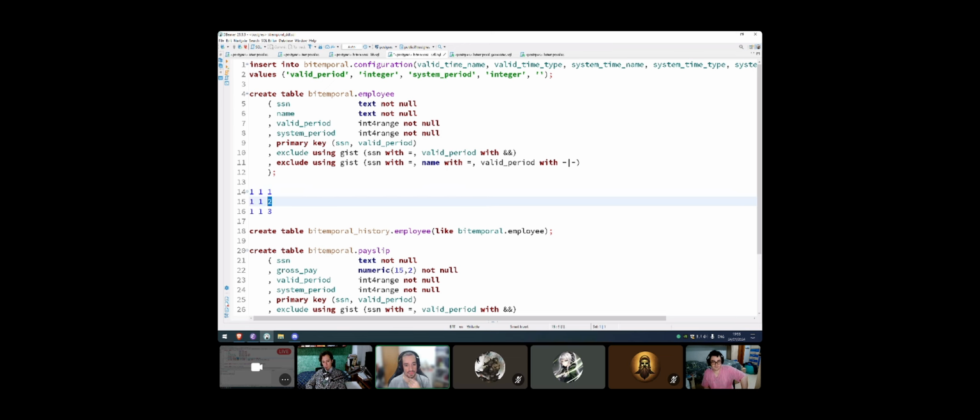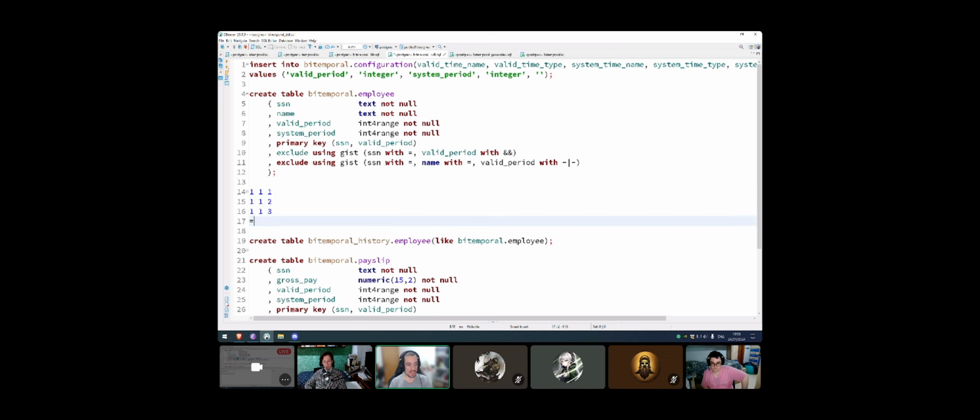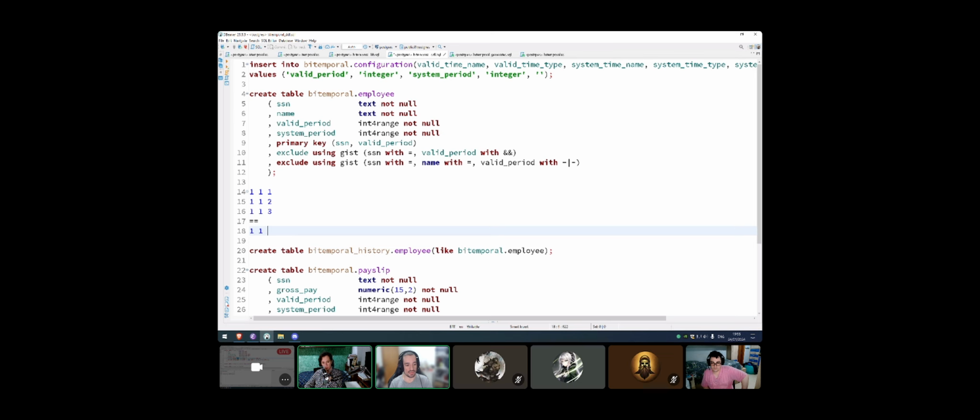Yes, so if you want to add a new line with this constraint, you're gonna have to change either the SSN or the name alongside the time. And these three rows would be equal. Also, you have to update all the previous records to keep them with a closed bound, to signal that they ended at that point.